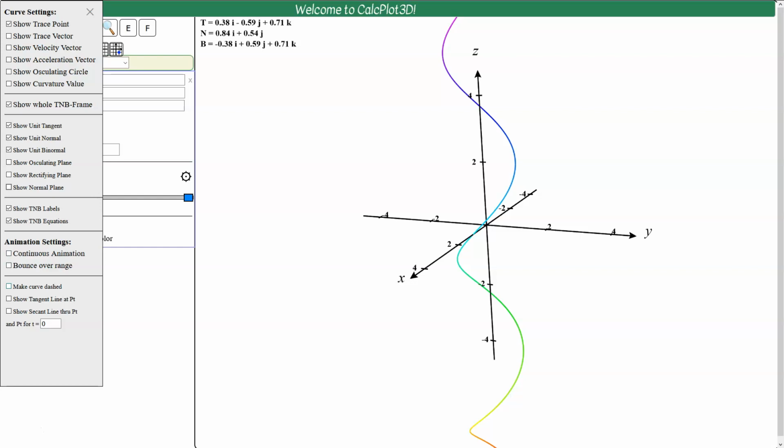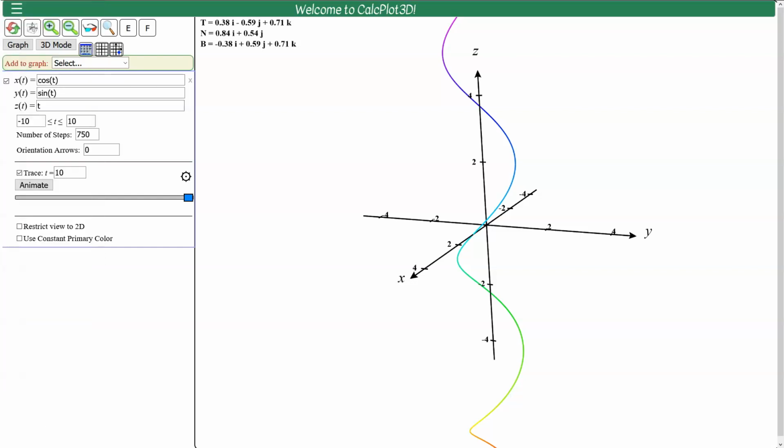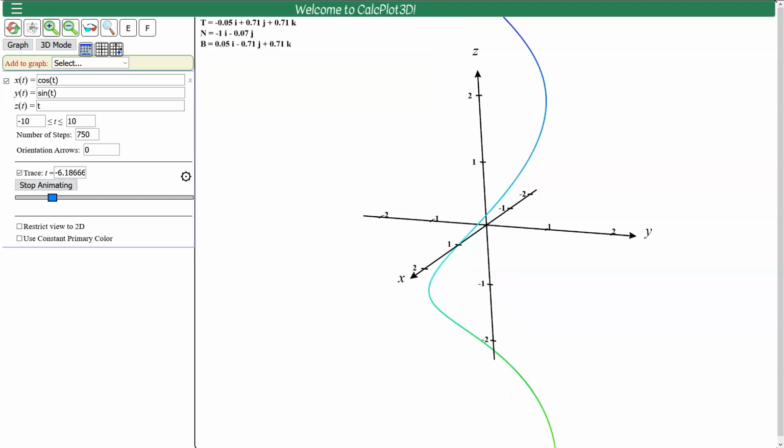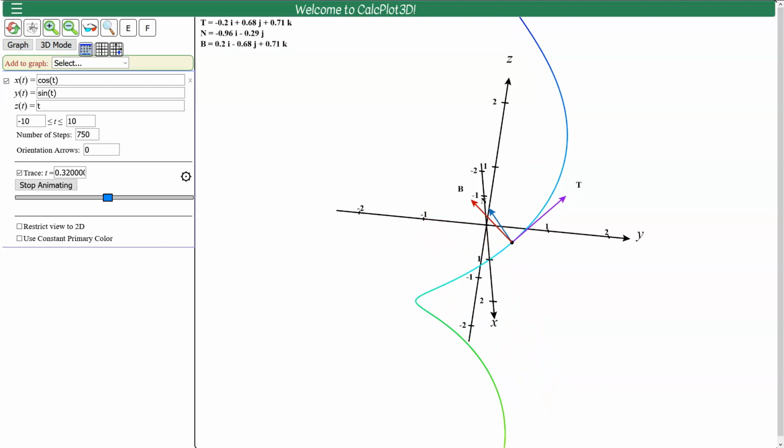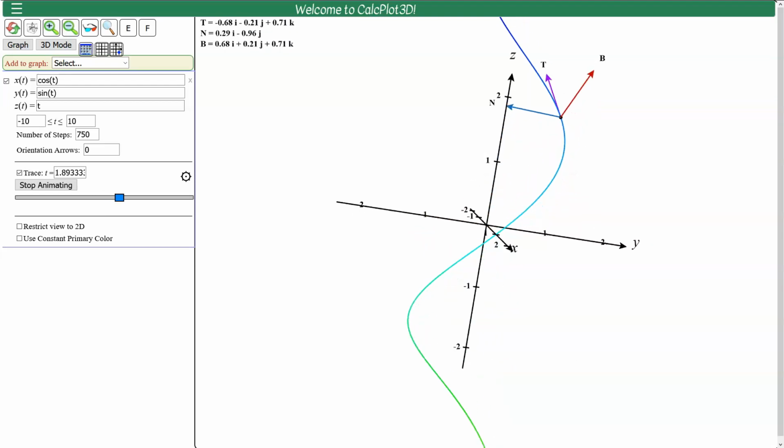Okay, let's look at this and maybe I can even zoom in a little bit as it goes along. There, you can see the tangent moving along. Notice how the normal is always pointing in the direction that the tangent is turning.